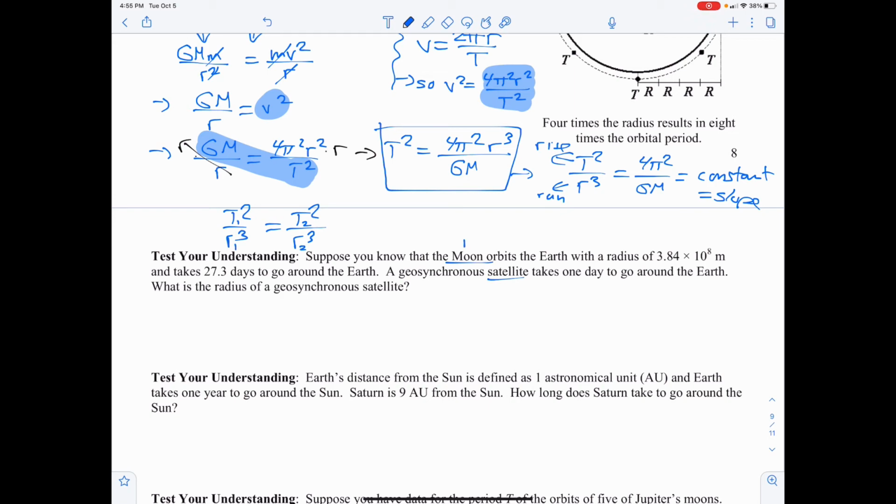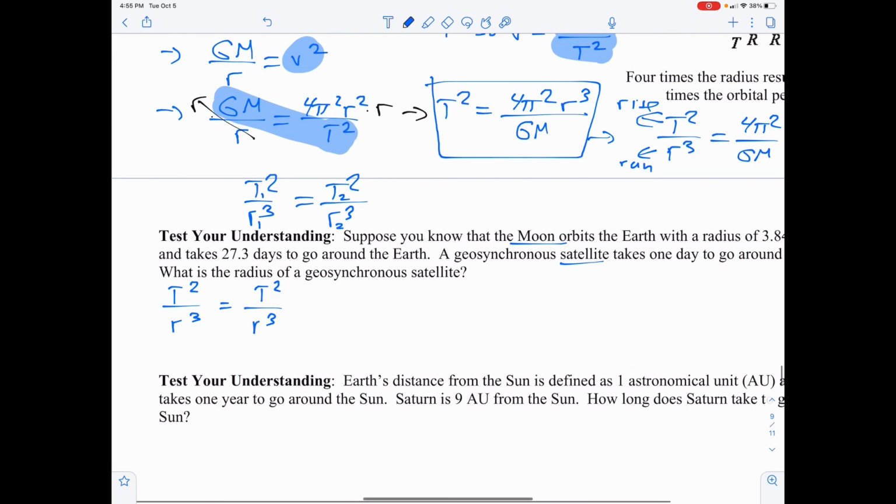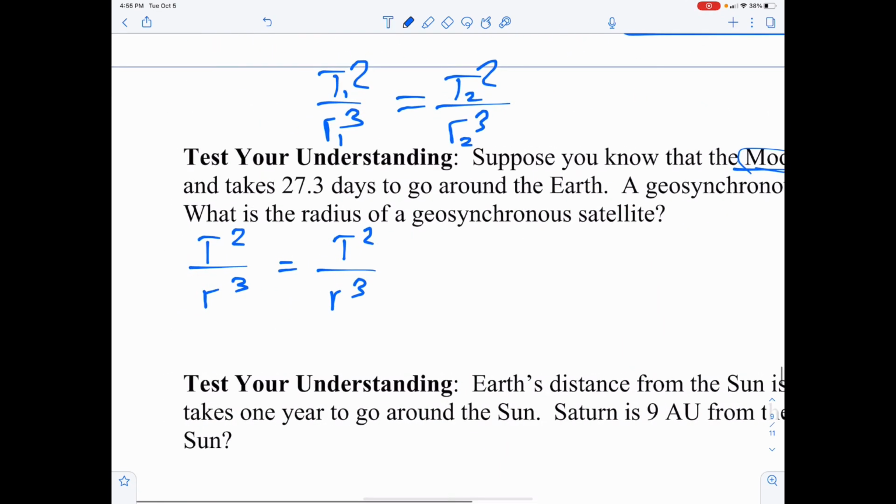So T squared over r cubed equals T squared over r cubed. But we're talking about the moon and a satellite. So Tm squared over rm cubed equals Ts squared over rs cubed, where m stands for the moon and s stands for satellite because both of them orbit the Earth. Now, you're solving for the radius of the satellite, so you're solving for rs.